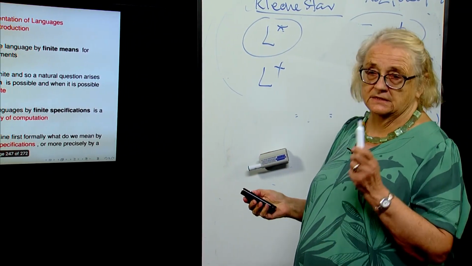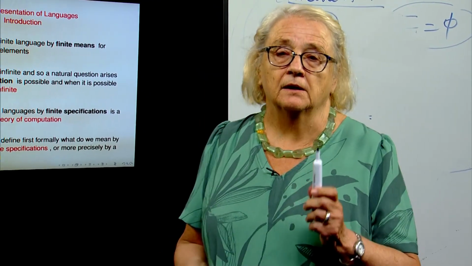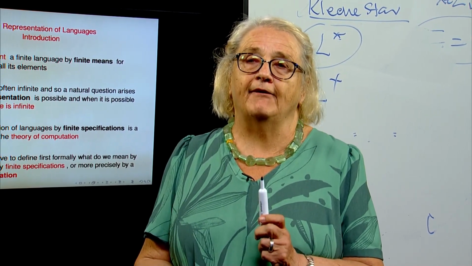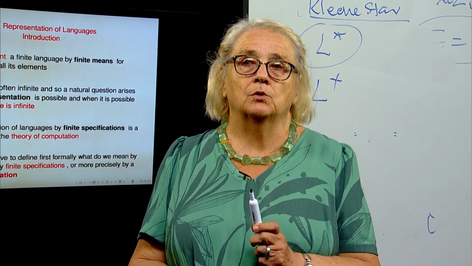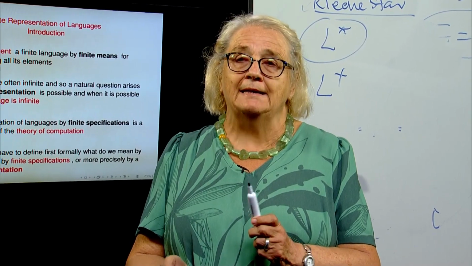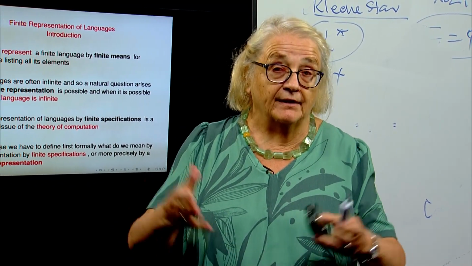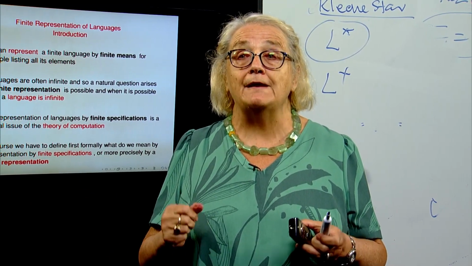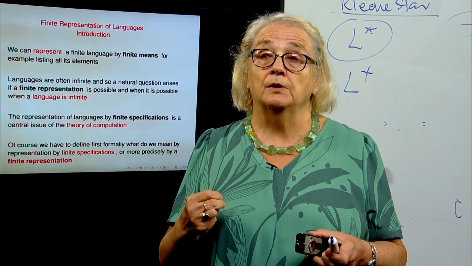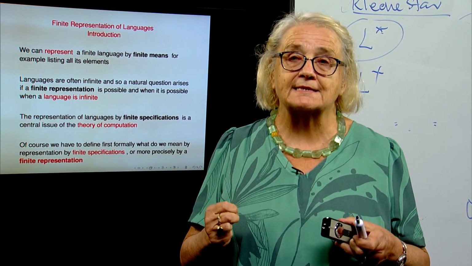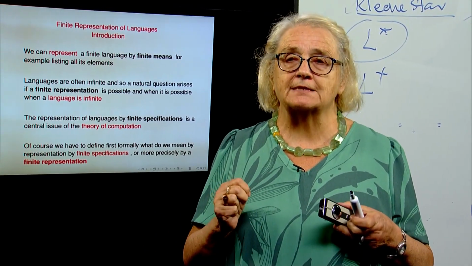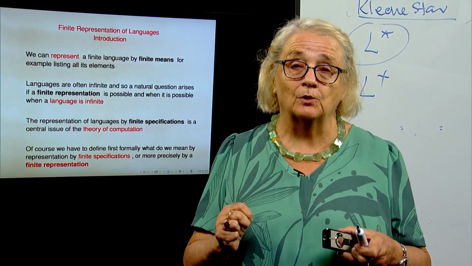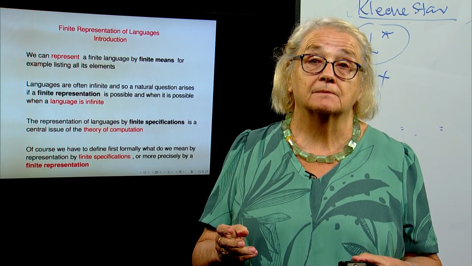Now, this is important: we can express a finite language by finite means, for example, by listing all the elements. Languages are often infinite, and so a natural question arises whether a finite representation is possible, and when it is possible when a language is infinite.